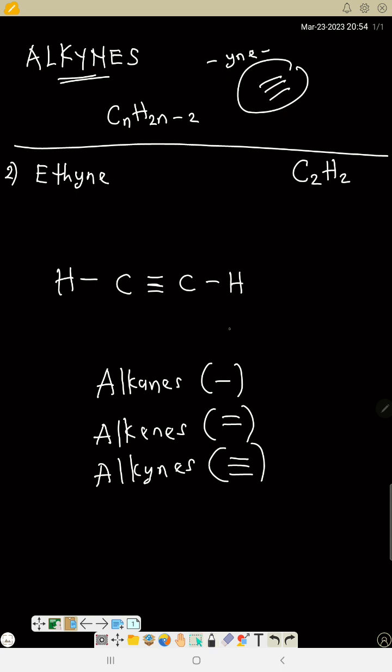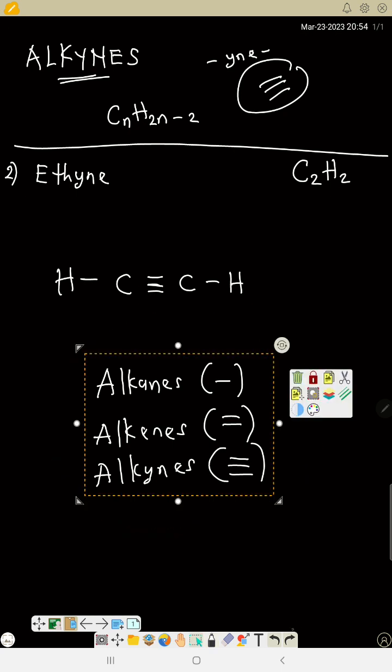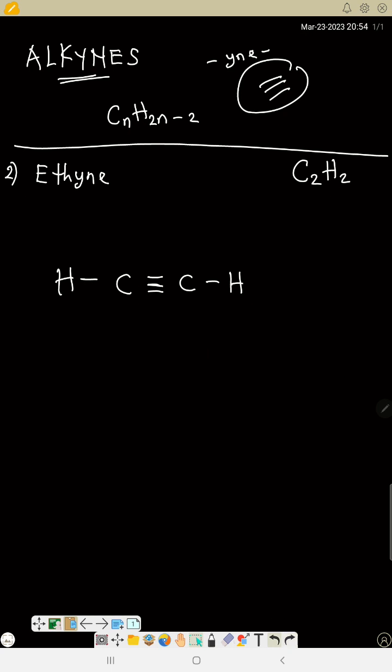Now let's see another one. 3 is prop, so that will be propyne. Remember, I'm not naming now, I'm only talking about alkanes, alkenes, alkynes and their general formula. After all the functional groups, we are going to start naming organic compounds, for any compound, so it will be easier.